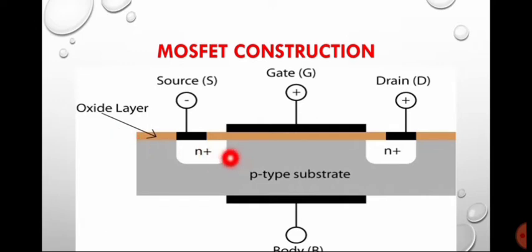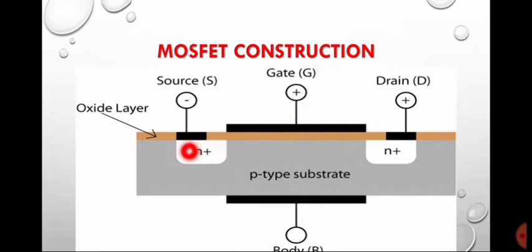Now see, this is the N terminal of N type doped material, and this is also the N terminal of N type doped material. On this oxide layer, a metallic layer is given here. From this end point to this end point, a metallic layer is given, and from this metallic layer one terminal is taken out for the connection, and that is known as gate.